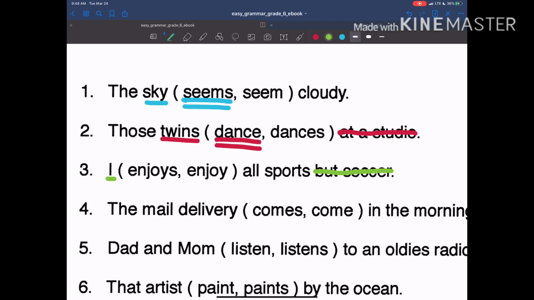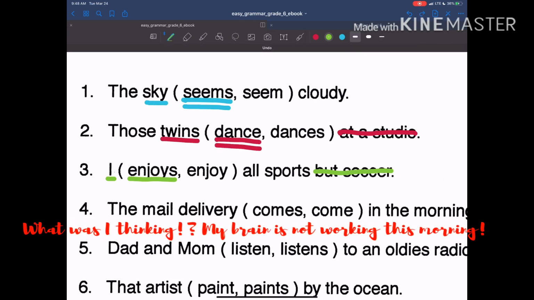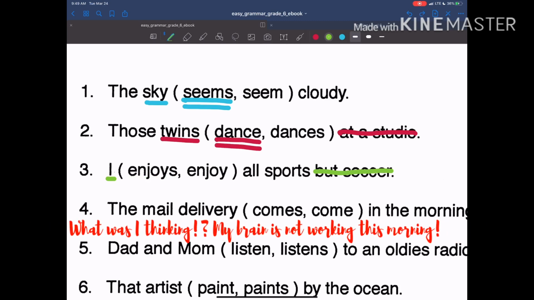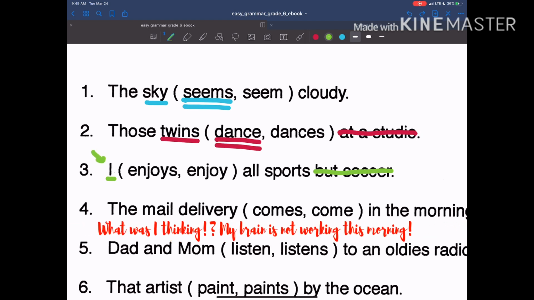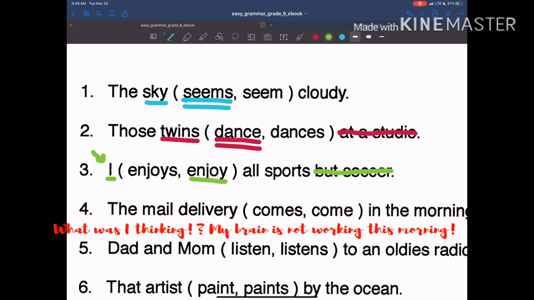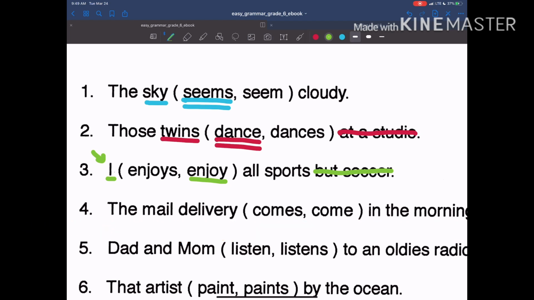So we would choose the verb with the S at the end, enjoys. I'm sorry. It's not the verb with the S at the end because I is a personal pronoun and we would choose enjoy. I'm sorry about that. I enjoy all sports but soccer. Remember, this was one of our exceptions.